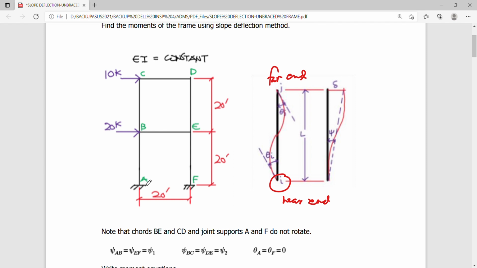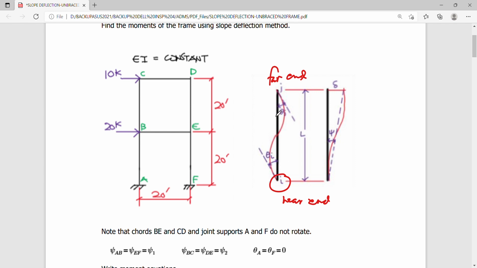Now, to represent the nodal description, A, B, C, D, E, F, or a number description can also be used, 1, 2, 3, 4, 5, 6. So the slope deflection method works by considering the moment, let's say at the near end, I, far end J, and the contribution of the rotation.